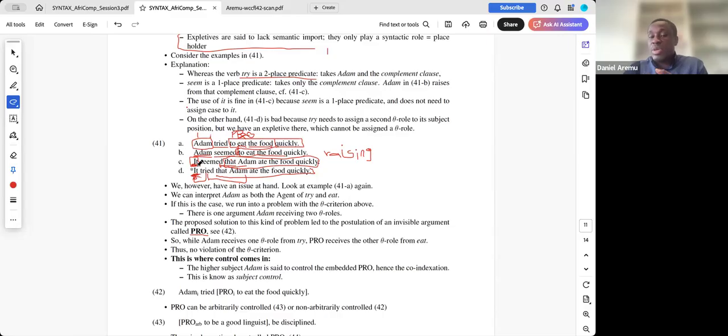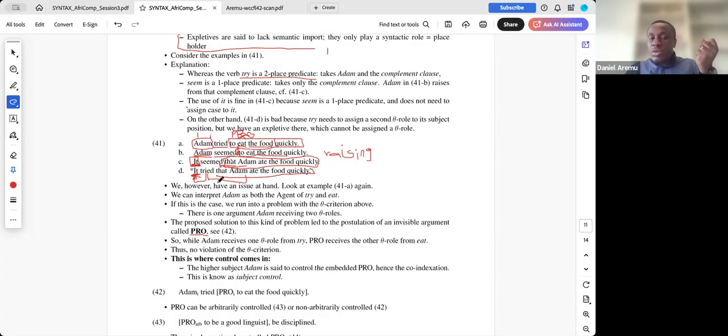And that is what the theory predicts. If we have a one-place predicate, and that verb has assigned its theta role to the complement, then we predict that the subject position can be occupied by an expletive because nothing else will be assigned to it. That's why we have 41C as grammatical. But if we have a verb that has two theta roles, the prediction is that both positions must be occupied by semantically contentful words like arguments.